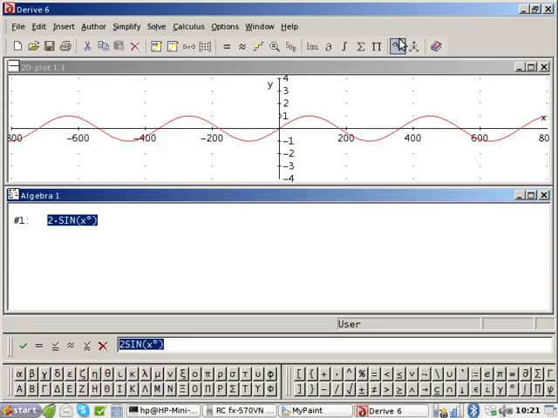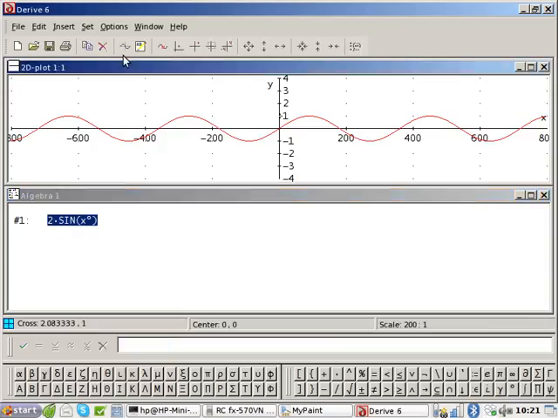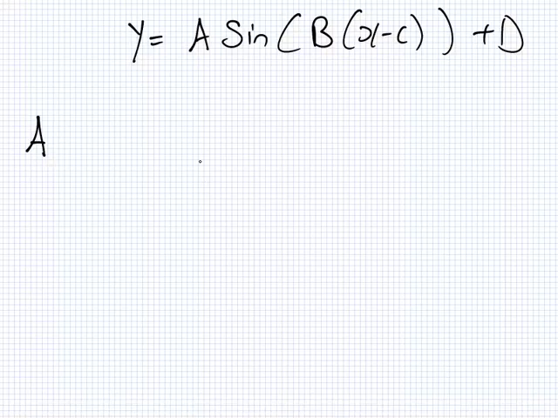So watch. It's now twice as high and twice as low. So the first rule is an A multiplies on the y-axis, vertically, it stretches.